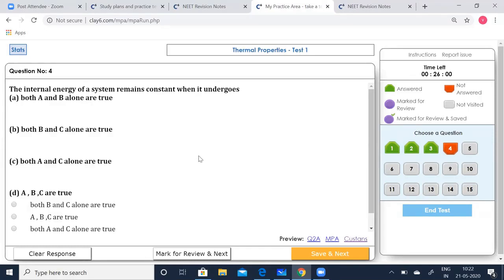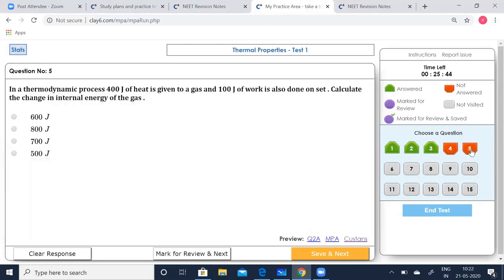Let me skip this question because I guess something is incomplete here. This question is incomplete. I'm sorry, children. All right, now going to the fifth one.